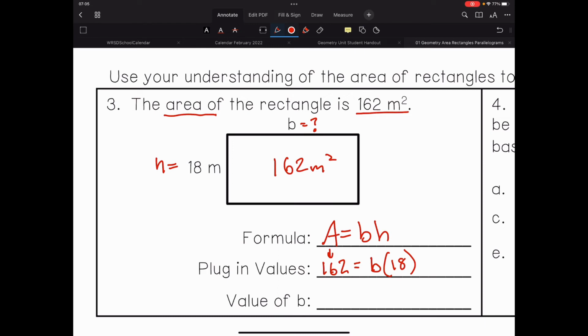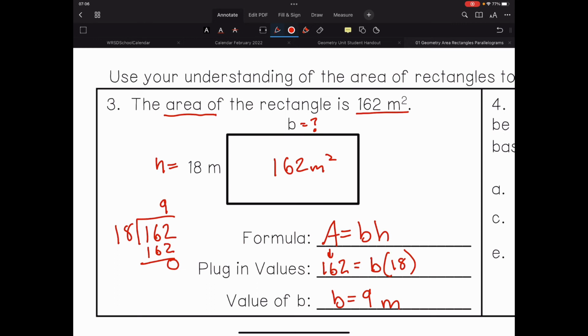B times 18, so some number that we don't know, multiplied 18 times, is 162. Well, we can find out what that number is by dividing. So on the side here, I'm going to divide 162 by 18 to figure out what the base is. So 162 divided by 18 would be 9. So the value of B is 9 meters.